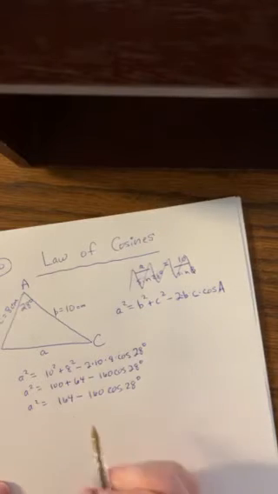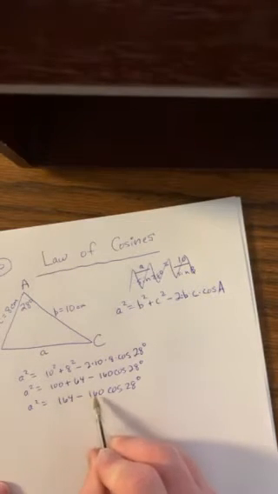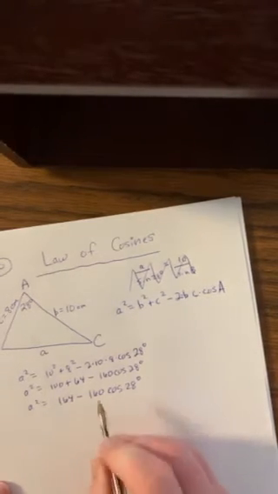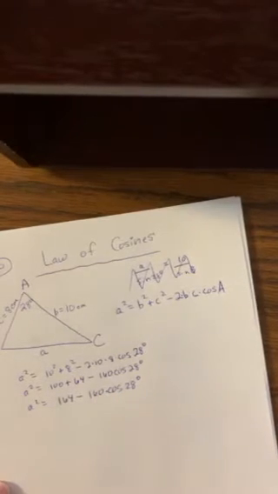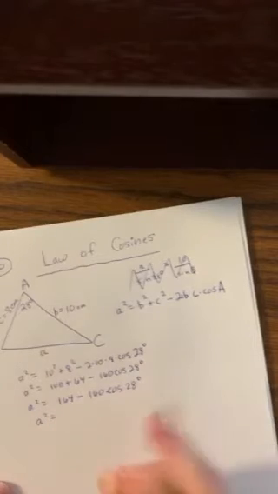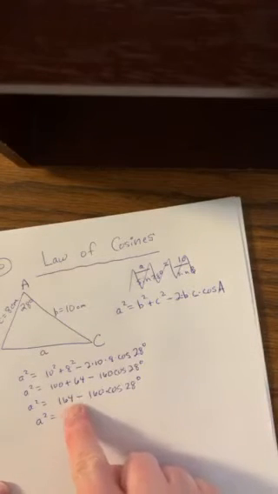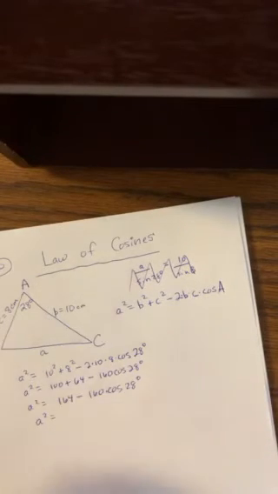Now don't take 164 and subtract 160 and get 4. This 160 is connected to the cosine of 28. So you literally take your calculator and type that entire expression in right now. I'm going to do that on my calculator, you do it on yours: 164 minus 160 cosine of 28.